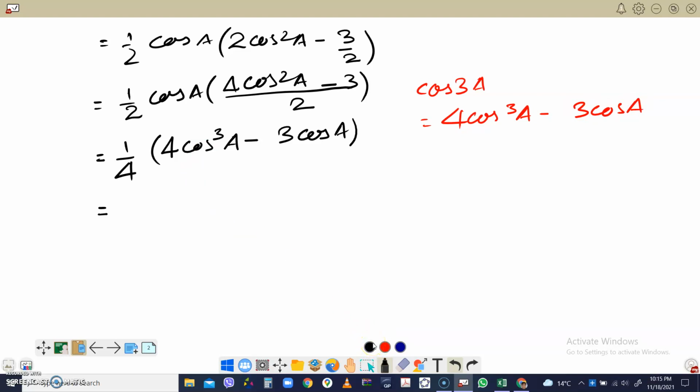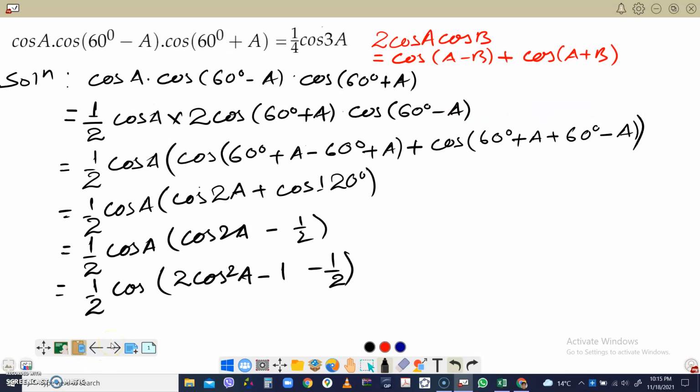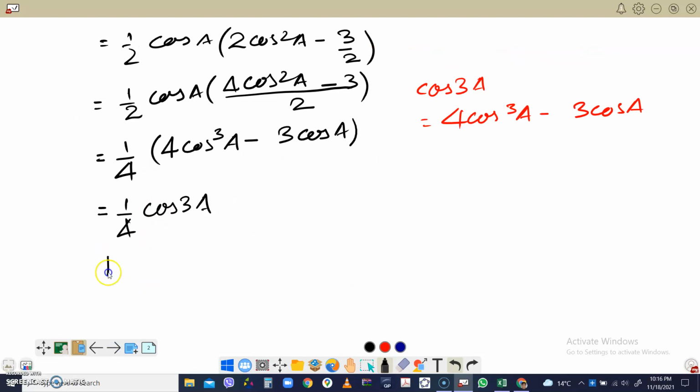It's exactly 4 cos cube A minus 3 cos A. So we can write it as 1 by 4 cos 3A, which is your required RHS. Now we are done with it. So we can conclude that hence proved. In this way you can prove this trigonometric identity.